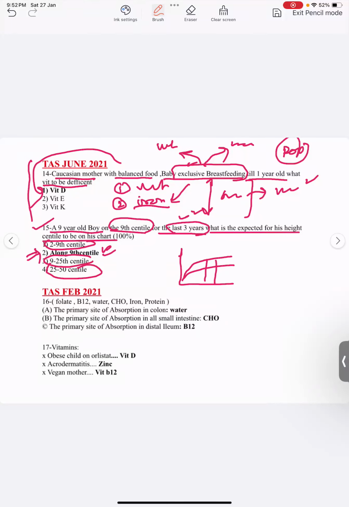This question: the primary site of absorption in the colon, that is water. Folate we have discussed, where is folate going to be absorbed? For iron, vitamin B12, and folate, we have the formula of Phi, Pho, and wheat. In your colon, everywhere water is reabsorbed, and carbohydrate is absorbed from all parts of your small intestine. Clear?